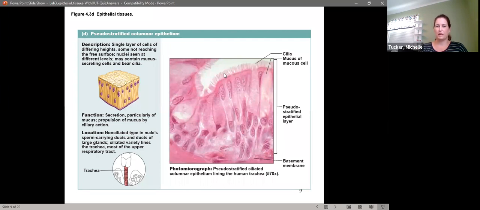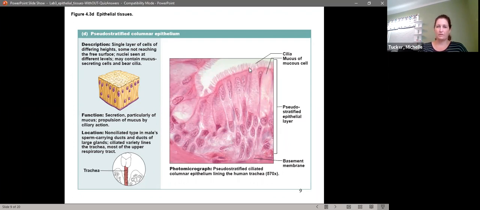So you may be entrapping pollen or air pollution, or smokers, they'll get smoke particles entrapped here in the mucus. And then the cilia will always beat in an upward direction, and that carries the entrapped particulate, and then it dumps it into the esophagus, which then gets carried down to the stomach and digested.